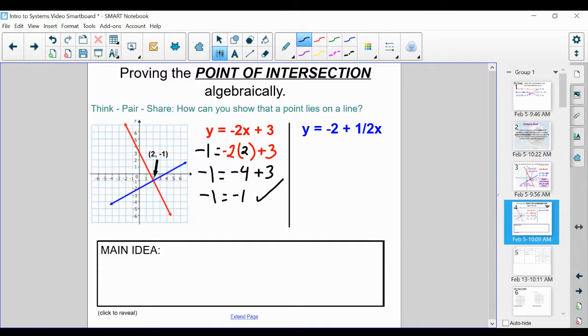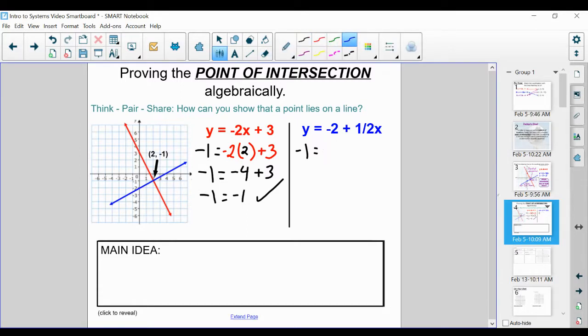But let's go on over to our blue equation. We have y equals -2 plus 1/2 x. Notice that the blue line represents every possible coordinate point that gives us a true statement for our blue equation. So if we were to substitute in 2, -1, it should be on that line. It should give us a true equation. Well, the y value is -1. Oops, let me change the color for you.